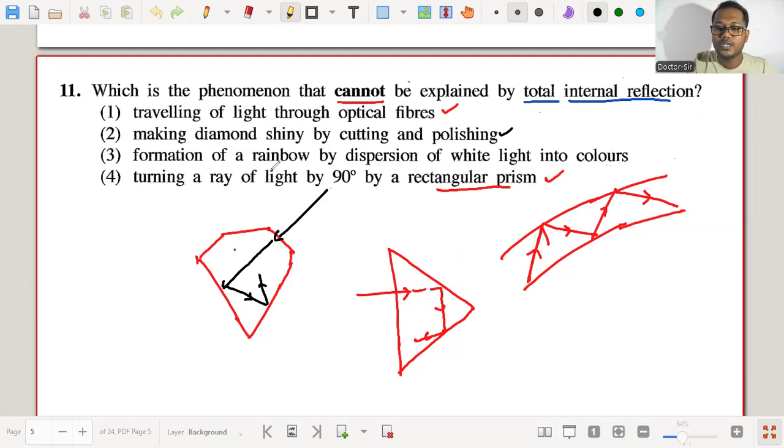Now, the formation of a rainbow is by the dispersion of light into colors. That is not by internal reflection, not total internal reflection. So we can take answer 3 as the correct answer here, right? How many of you got that answer? Yes, super.